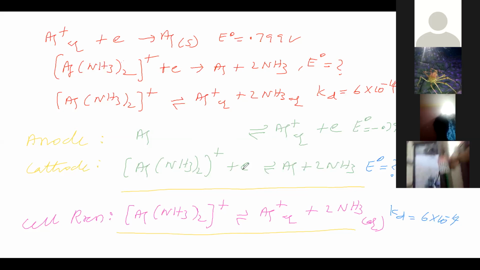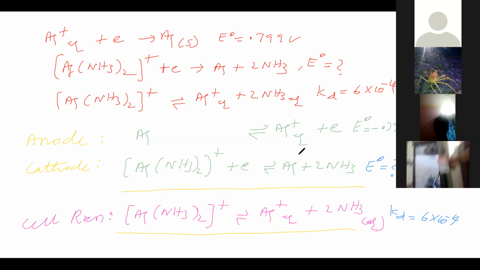Of course, we want to find E naught for this half reaction. So we have written this as it is. That's all. We want E naught for this, so we have written it as it is.